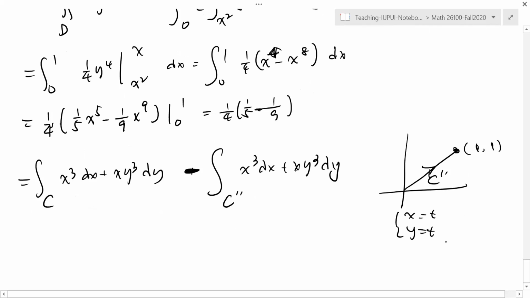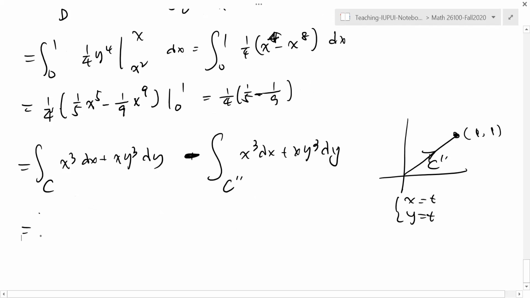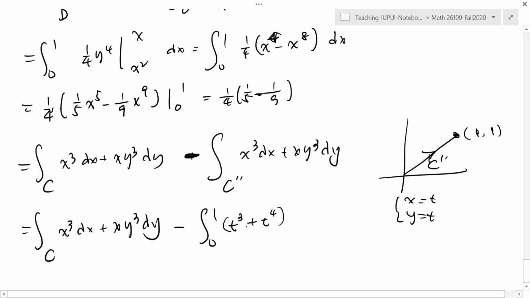So therefore, instead of using the parameterization for the parabola, I just use another path from that point to that point. So that's going to be from 0 to 1. X is t, so t cubed. Dx is just dt. Here y is t, that's t to the fourth power, dt.